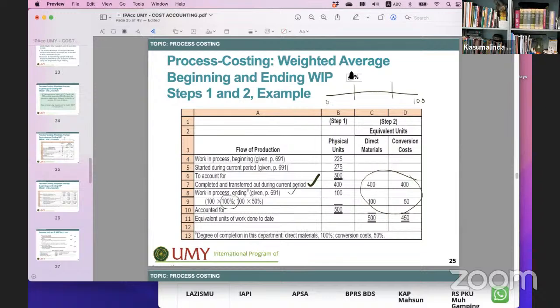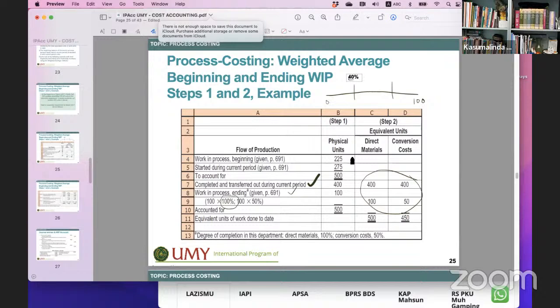Meaning that if the process has gone through 40%, the conversion cost also has been incurred by 40%. That is for the conversion cost only, because the assumption we use is that it occurs uniformly throughout the process.